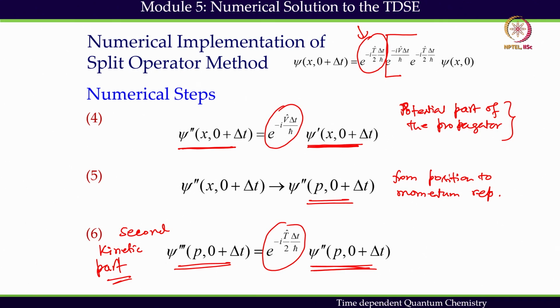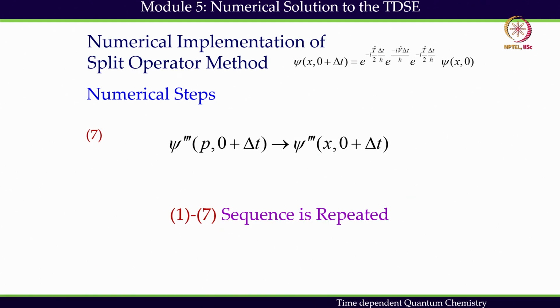space. And once we do that, then finally I get this wave function, and this wave function needs to be converted to the position space again. Back to position space.